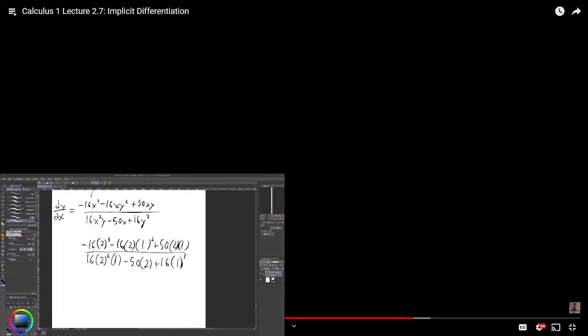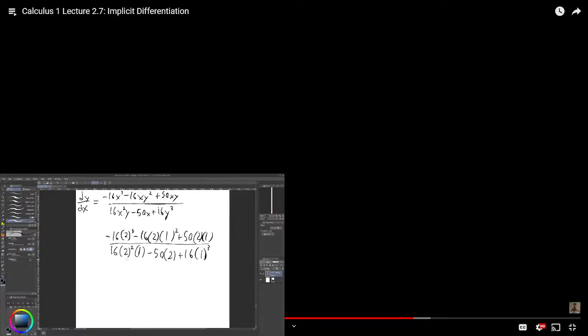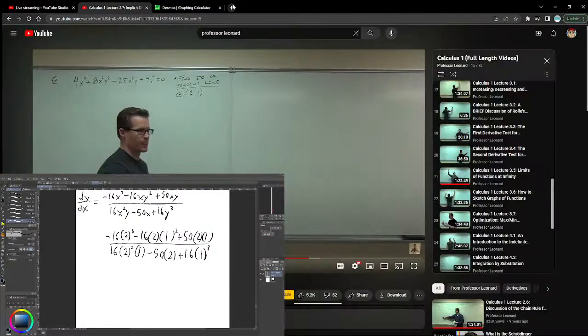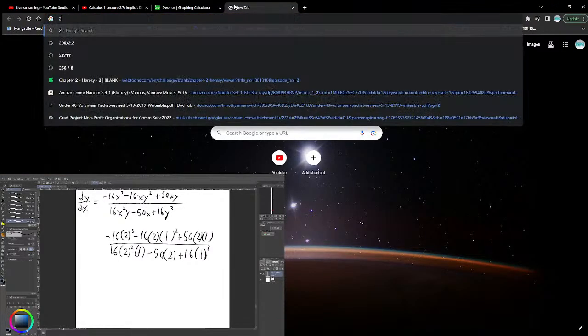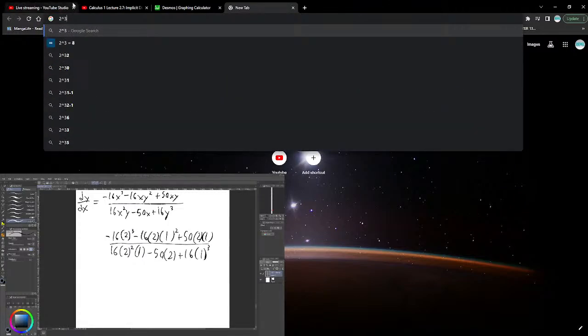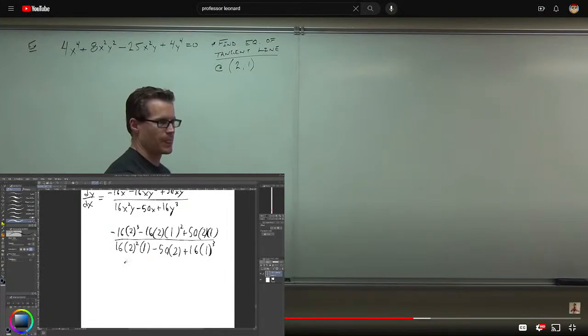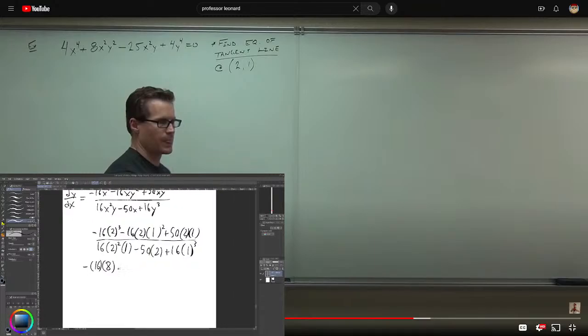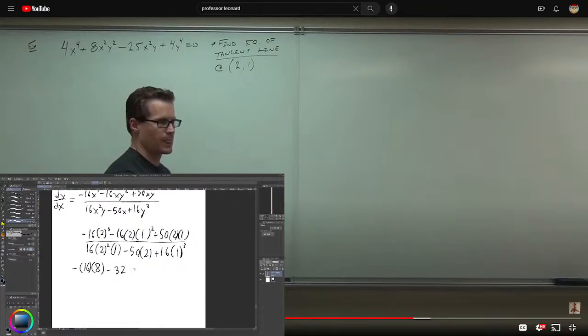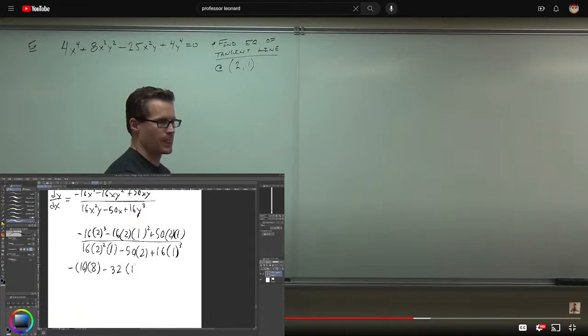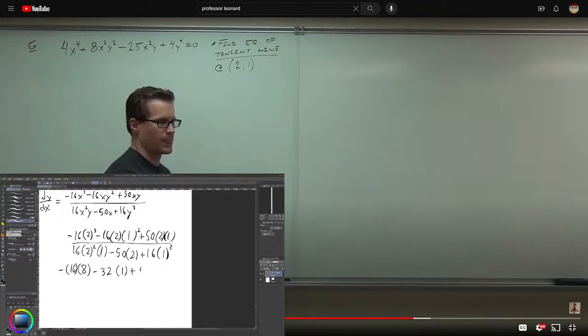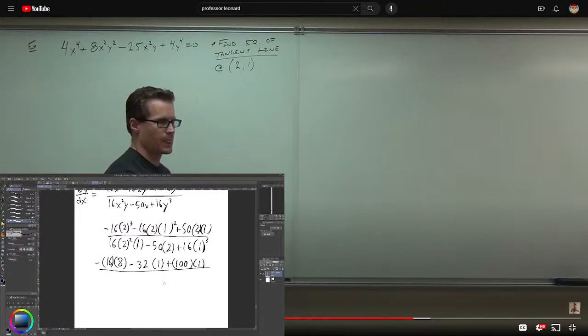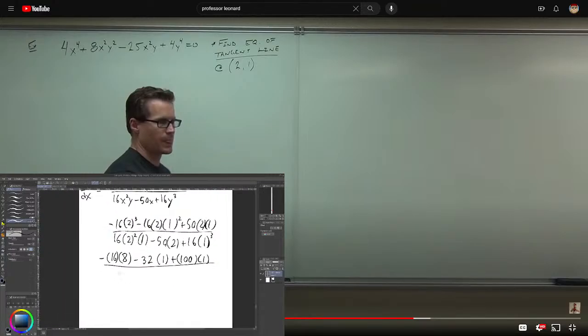Now solve. Let me make sure 2 cubed is 8. I'm not trying to mess anything up. So 8 times negative 16 is negative 128, minus 32 plus 100. It would really suck if I messed something up here, if I got everything else right.